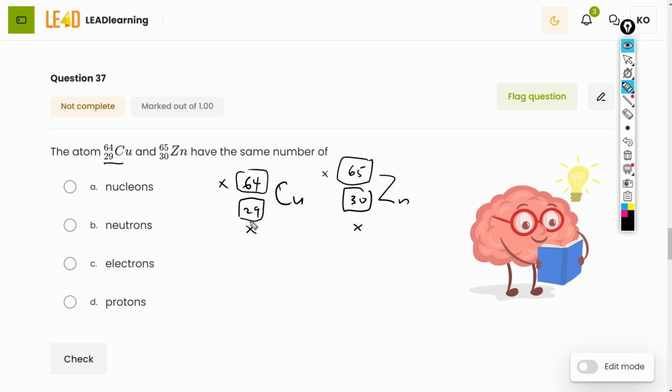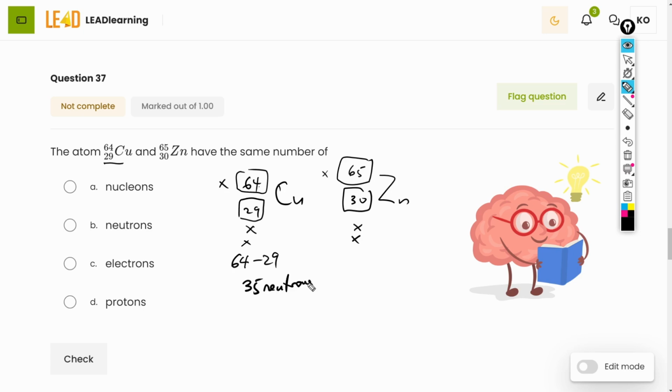Now let's consider the electron number too. If the proton number is equal to the electron number, that means we have 29 electrons for copper and 30 electrons for zinc. Again, not the same. Now, one more subatomic particle is the neutron, and the neutron is deduced by subtracting the proton number from the atomic mass. For copper, that will be 64 minus 29, which gives us 35 neutrons.